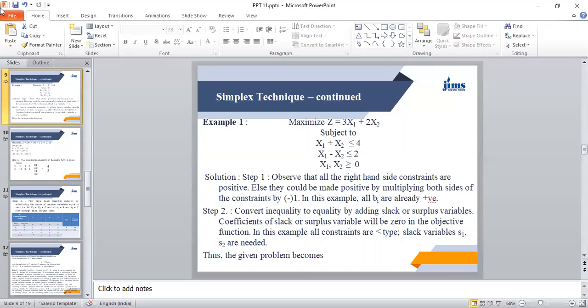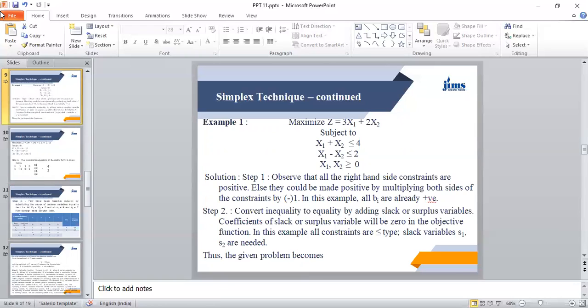So now we have tried to define the basic terminology of the simplex technique. Our conception will be clearer when we solve a problem, and then we shall re-explain the entire thing.